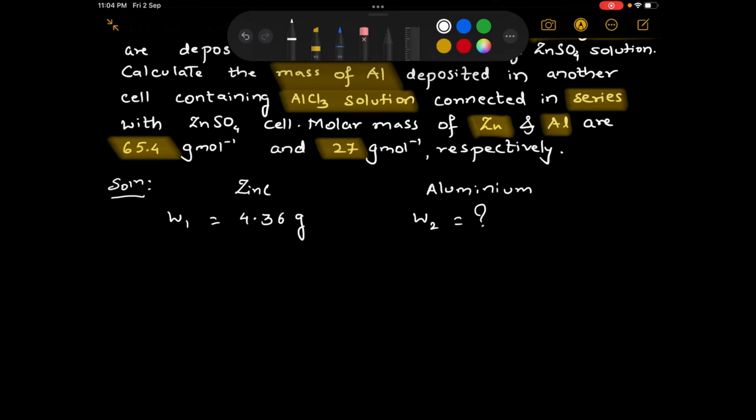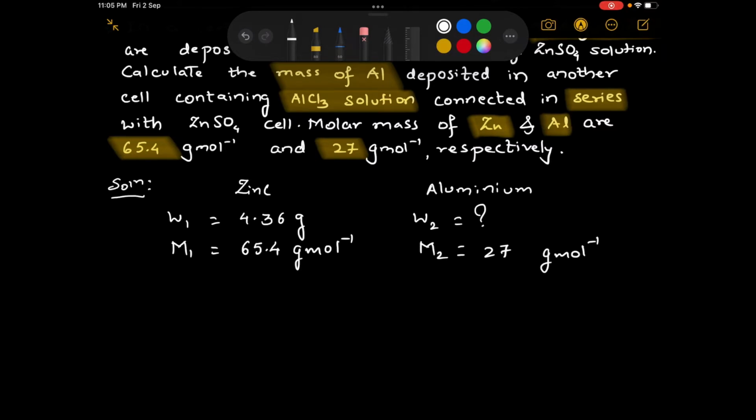So let's write down the molar masses also. For zinc it is M1, 65.4 gram mole inverse. For aluminium it is 27 gram mole inverse.